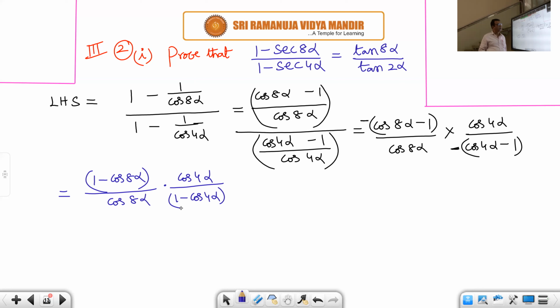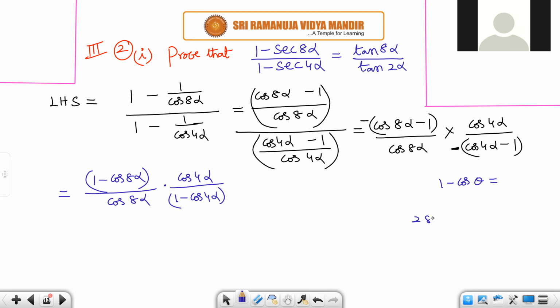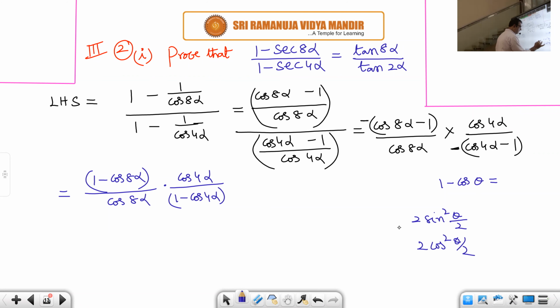So now formulas. 1 − cos θ is equal to, I'll give you two options, Tanmay. Is it equal to 2 sin² θ/2 or is it equal to 2 cos² θ/2? First option or second option? Second option, sir. First option, Tanmay.